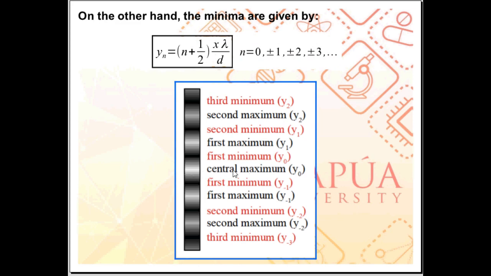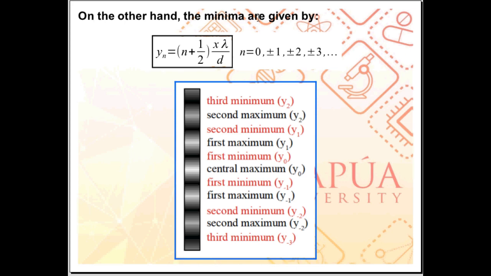Then you have the first maximum, y1, second maximum, y2, third maximum, y3, and so on. And then on the other side, you have the first maximum, y negative 1, a second maximum, y negative 2, third maximum, y negative 3, and so on.